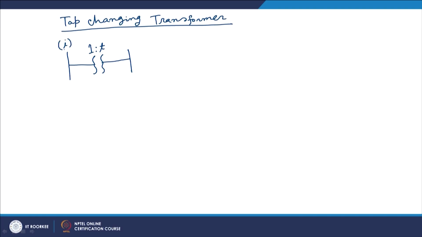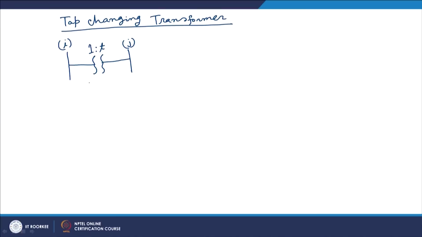This is bus i, this is bus j. And let us say this transformer has an impedance of Z. Then its admittance is Y, which is given by 1 by Z.